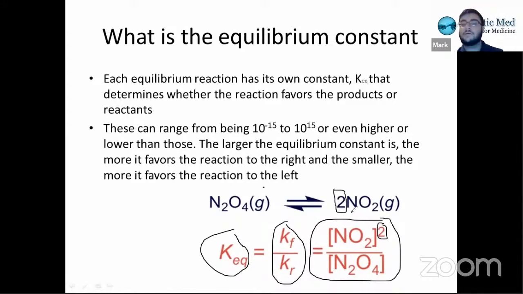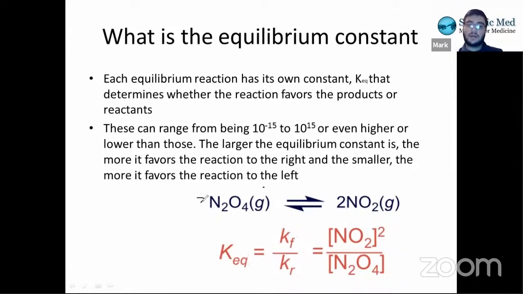If any element has a coefficient, that coefficient will become its exponent. So if, for example, we had 3N2O4 going into 6NO2, this would be to the 6th power, and this would be to the 3rd power, for example.